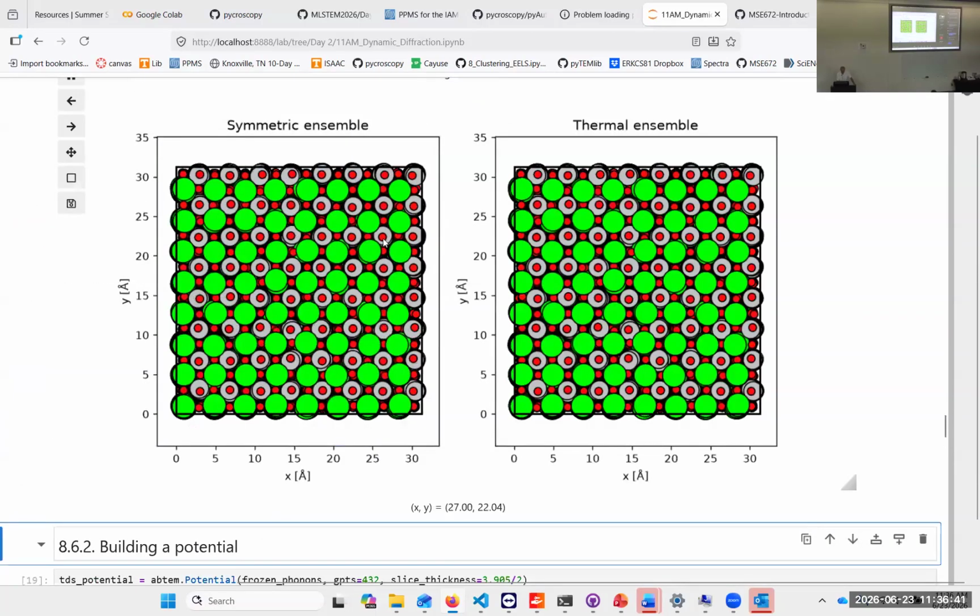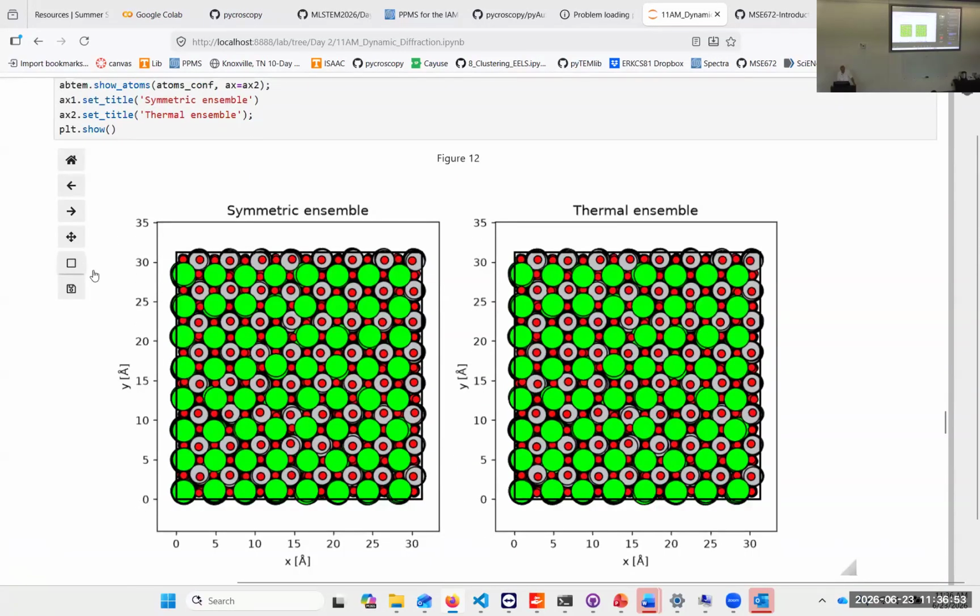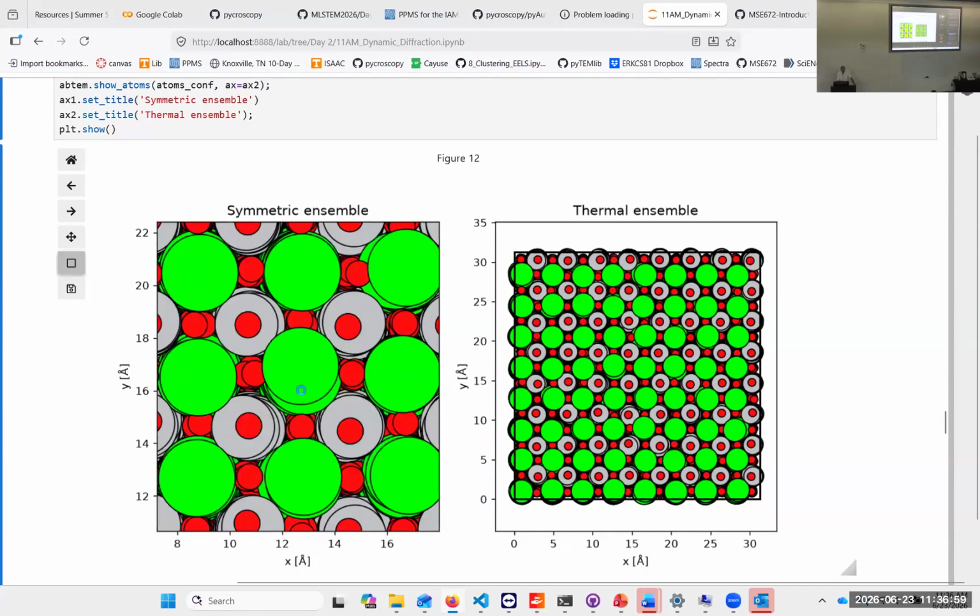Okay, here we are. So you see the oxygen now no longer sits exactly in the center, and everything is moving around a little bit. The strontium columns are now no longer perfectly straight. What they really are is wavy going through that thing.